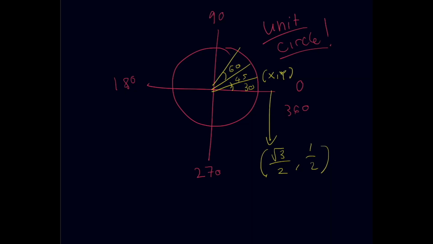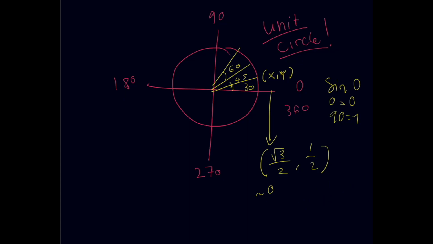Let's fact check together. So y is sine, and sine measures this alignment. So sine of 0 is 0, and sine of 90 is 1. And we are more aligned here than at 60. So actually this is correct, because this translates to roughly 0.8, and this is 0.5. So here sine is smaller than cosine.